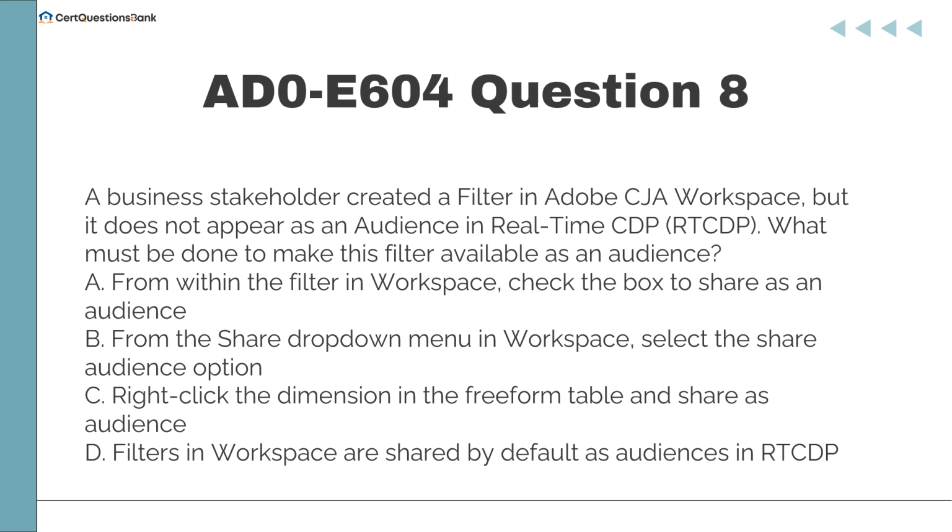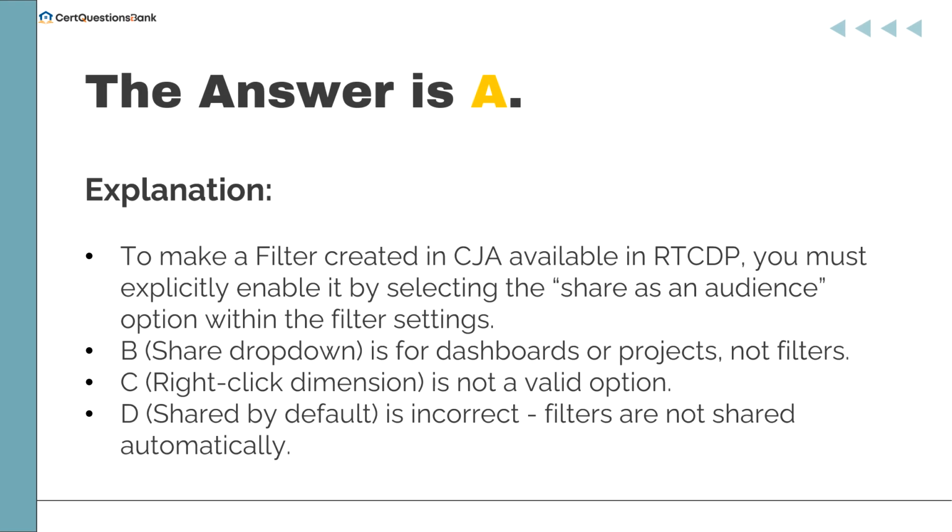B. From the Share drop-down menu in Workspace, select the Share Audience option. C. Right-click the dimension in the Freeform table and share as audience. D. Filters in Workspace are shared by default as audiences in RTCDP. The answer is A.